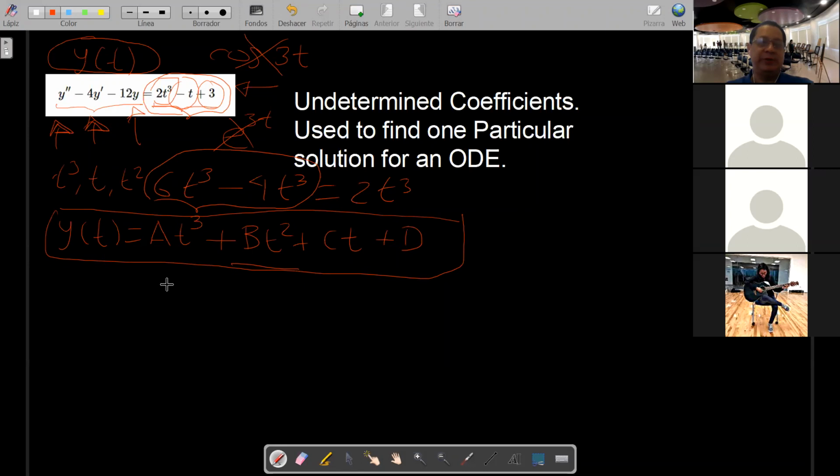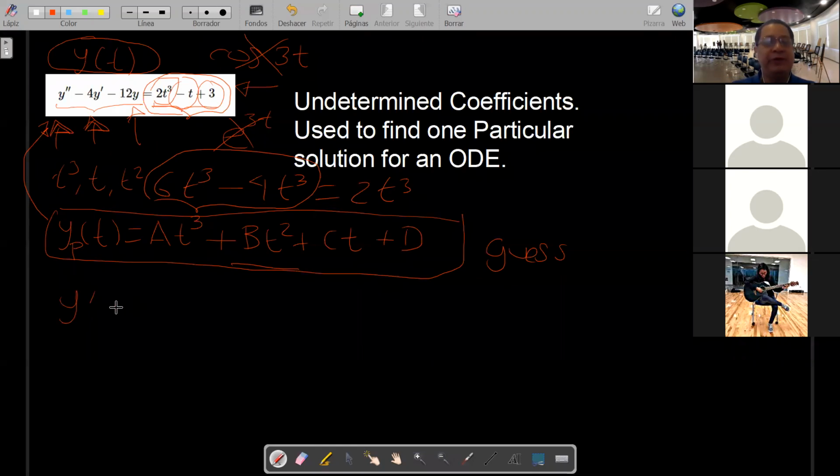So whenever you see a polynomial on the forcing function, you propose a particular solution, and let me write sub p, just to remark that this is just one solution. This is not the full solution for this ODE. Okay, so this is our guess as a particular solution. So this particular solution should make this equation true.